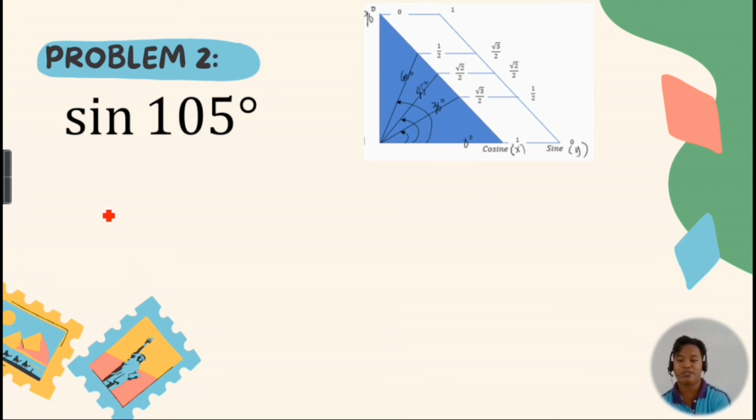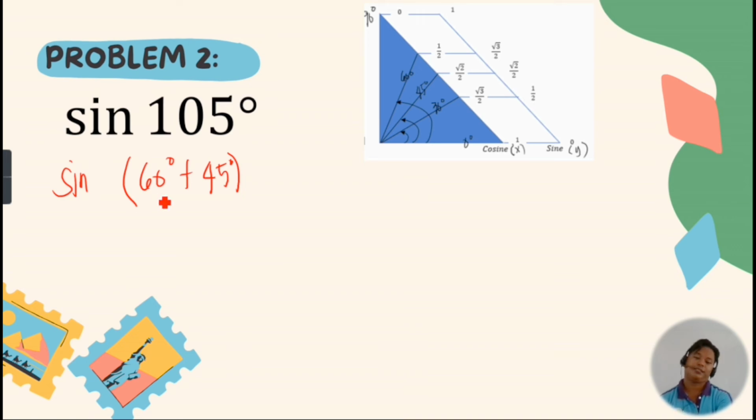We're going to use 60 and 45, since if we add 60 and 45, the sum is 105. So we have sine of 60 degrees plus 45 degrees. We're going to let A be 60 degrees and B be 45 degrees.